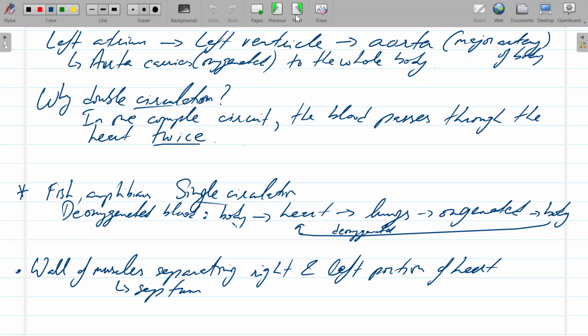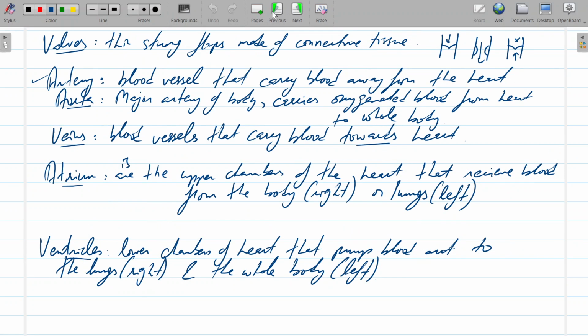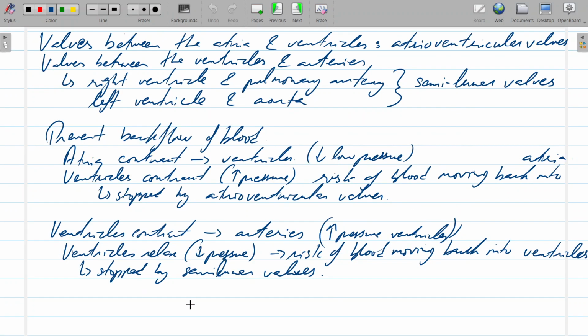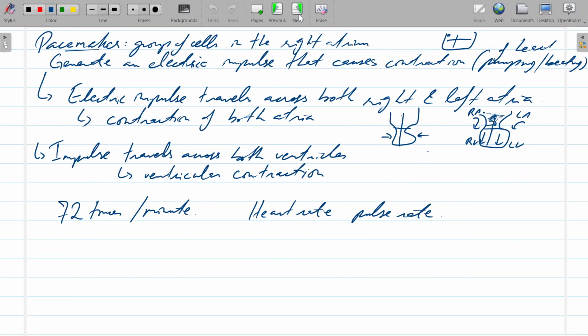And also the muscular structure of the heart, as well as the valves present to prevent the backflow of blood. And then the group of cells that actually initiate the pumping of the heart through an electrical impulse called the pacemaker. And a normal person would have 72 beats per minute, right?